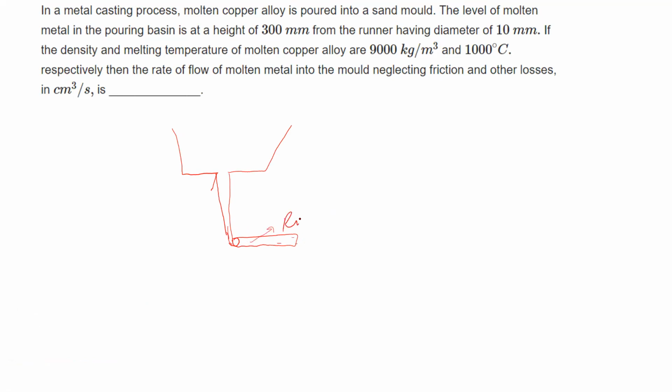So this is the runner. The level of molten metal is at a height of 300 mm from the runner. So this is 300 mm here.